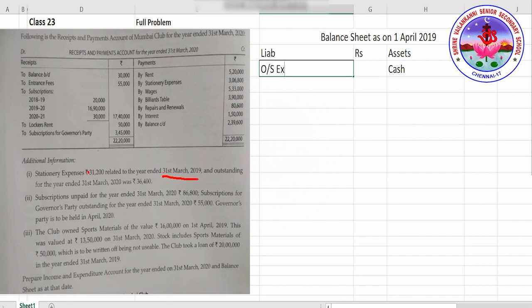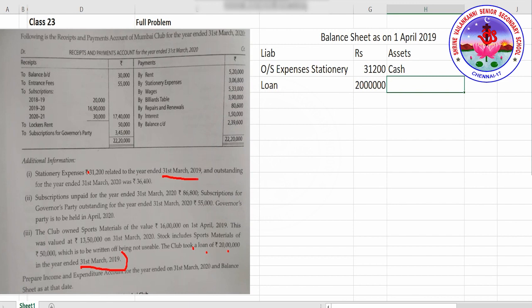Outstanding expenses stationery 31,200. Then we have loan. We have a loan of 20 lakhs on 31st March 2019. So I'm going to write it here: loan 20 lakhs. Then we have to show subscription due. How much is the subscription due?